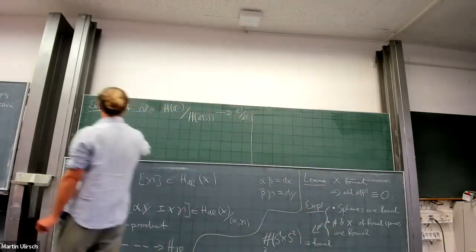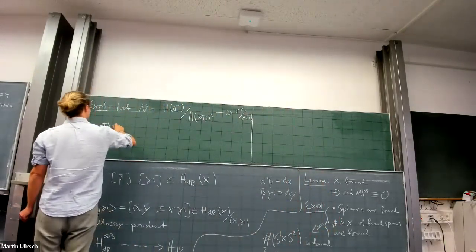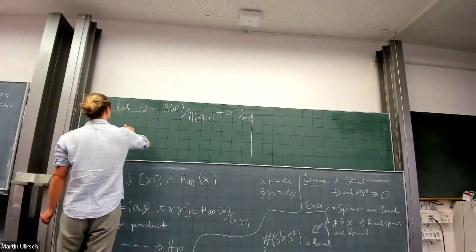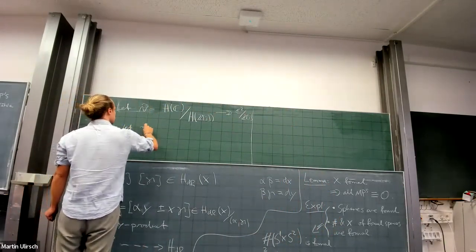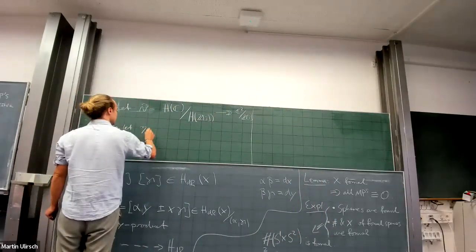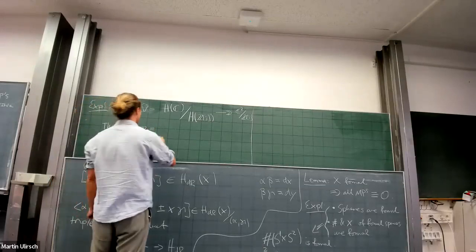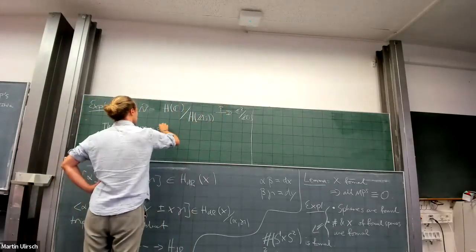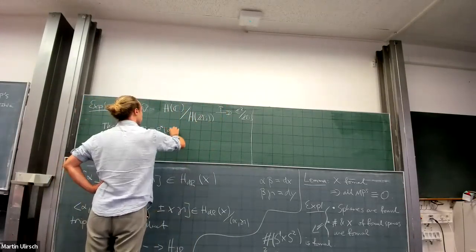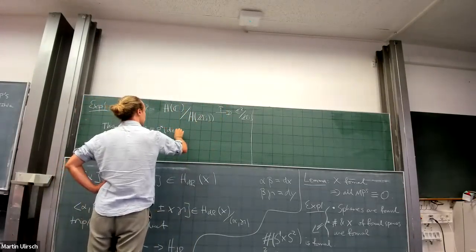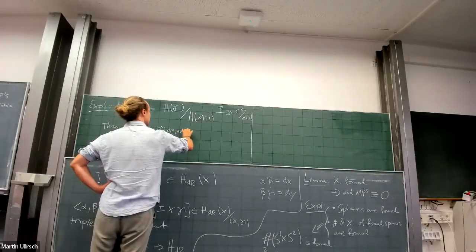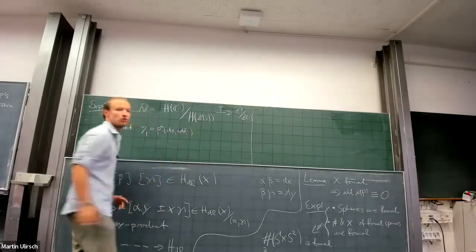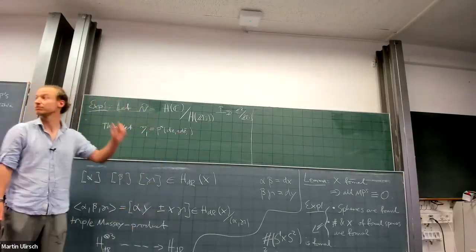And then let eta i be, let's say this map is p, p star of dz_i, which dz_i bar.